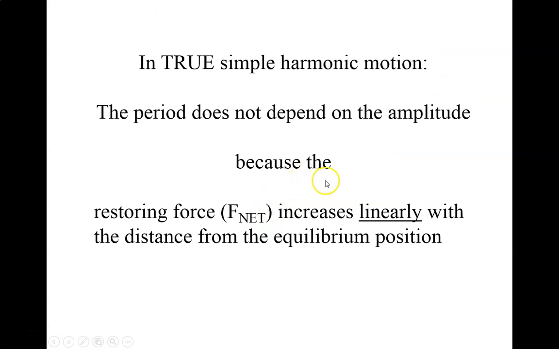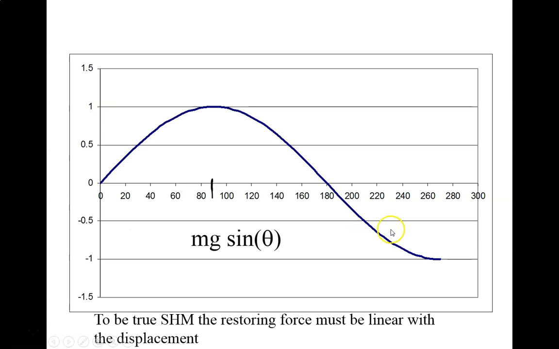So in true simple harmonic motion, the period doesn't depend on the amplitude, which we saw that the pendulum's approximated. It's close. That's because the net force increases linearly with the distance from the equilibrium position. As we looked at before, the restoring force doesn't increase linearly with the distance from the equilibrium position. It increases with mg times the sine of theta.